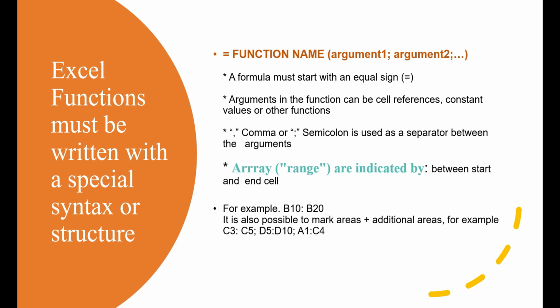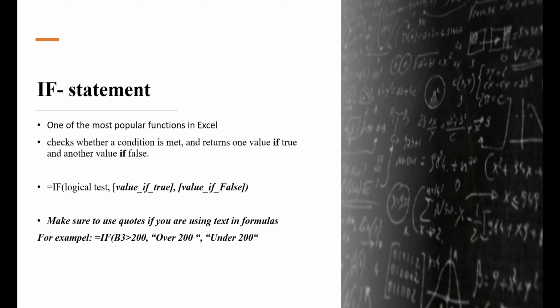Excel functions must be written with a special syntax or structure, and a typical function can be like this one, where arguments in the function can be a cell reference, constant value, or another function, and a comma or semicolon is used to separate the arguments, and an array or range is indicated by a start and end cell. For example, B11 or B20 to B30.